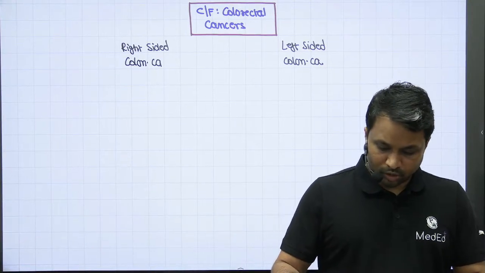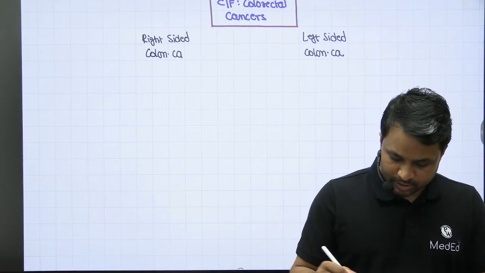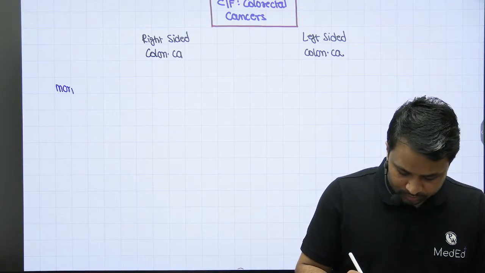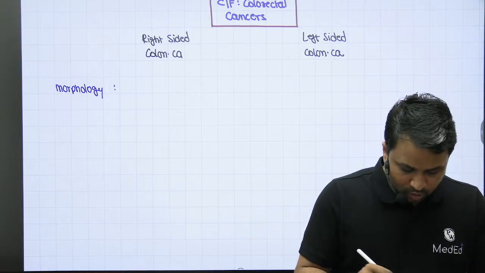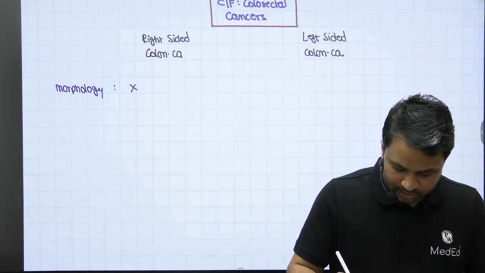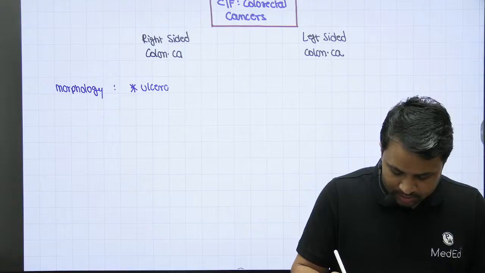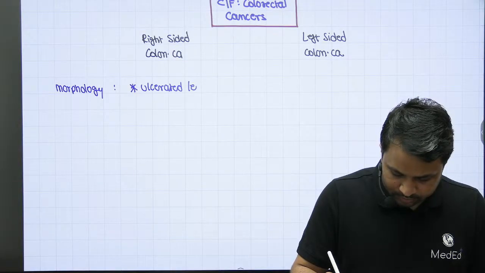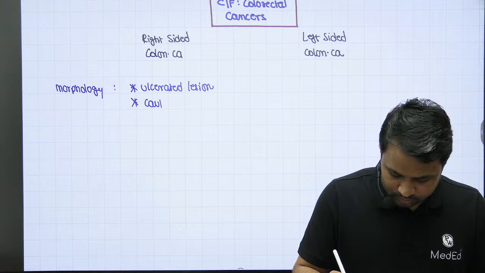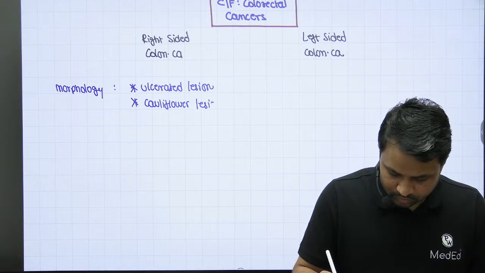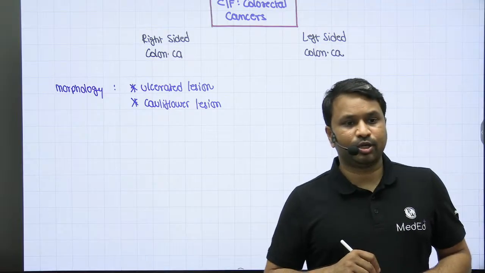Now, based just on the morphology, right-sided colonic cancers will be of two varieties. Number one is the ulcerated lesion, and another one is the cauliflower lesion.